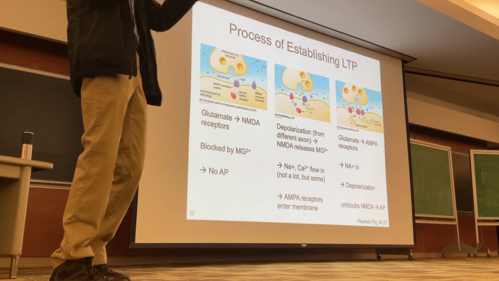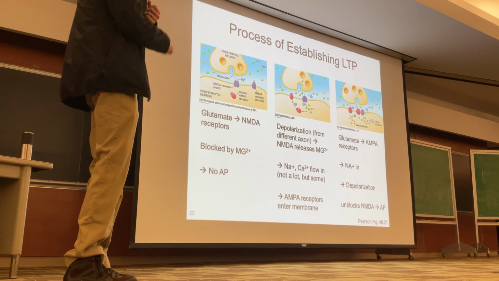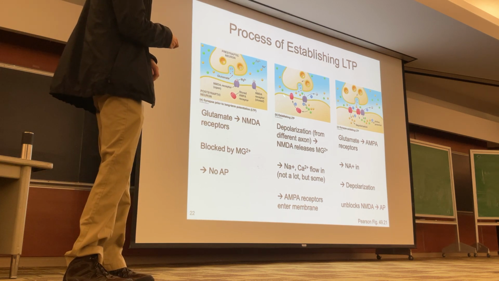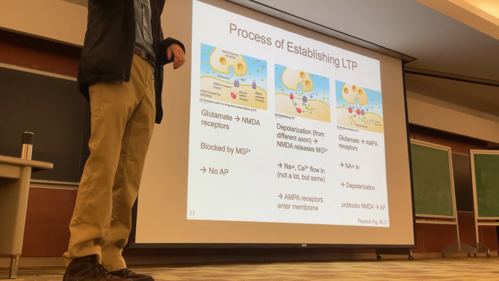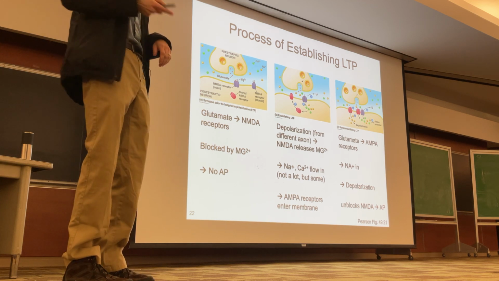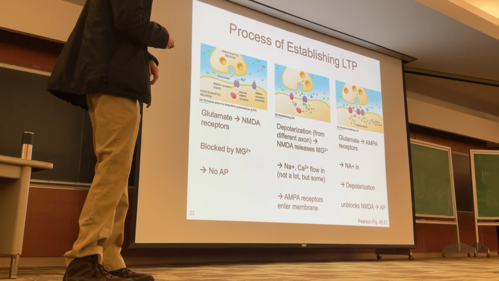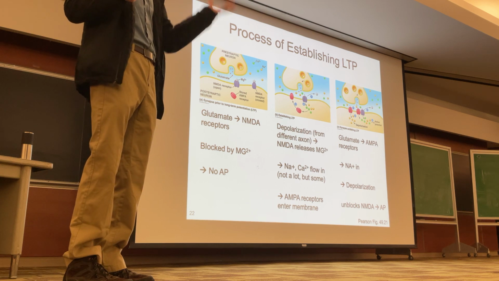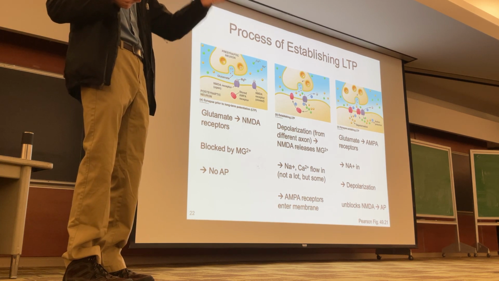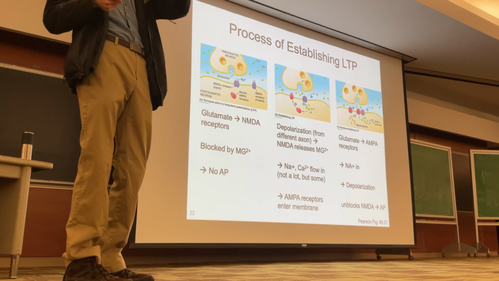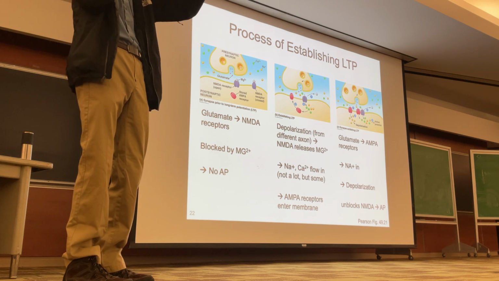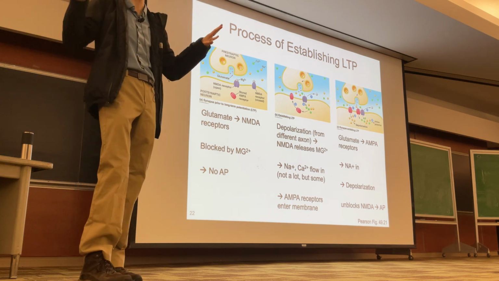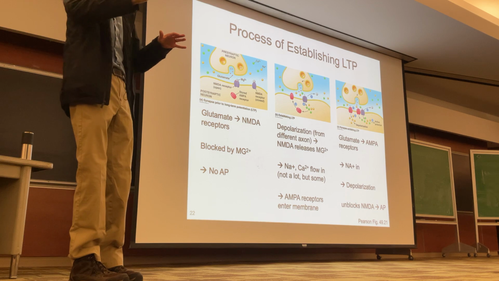But with prolonged periods of association between this synapse and one or more others in that same postsynaptic neuron, you're not only going to allow those purple receptors to work every time you depolarize it, because that unblocks them, but you're also going to tell that cell to add the pink receptors. Once you have the pink receptors there, now you don't need help anymore, because the pink receptors can do the initial depolarization, and then any subsequent hits, so your temporal summation, right, a bunch of signals really fast, that's going to open up all the receptors, and you could hit the threshold without any outside help. Good? Great job.